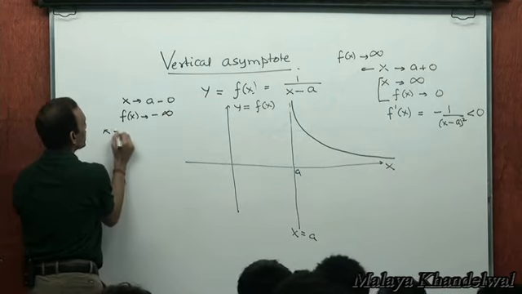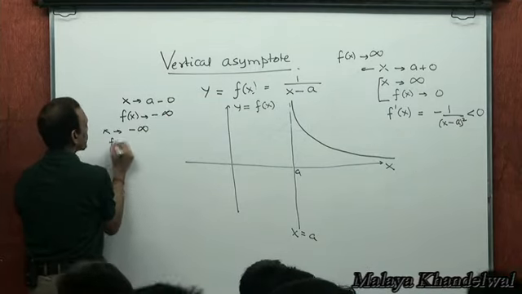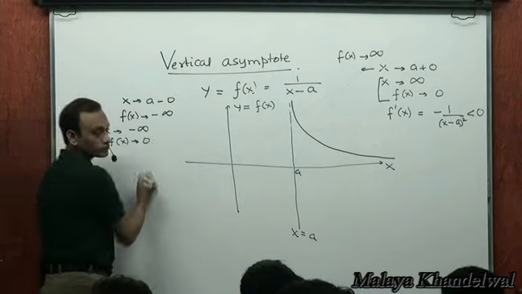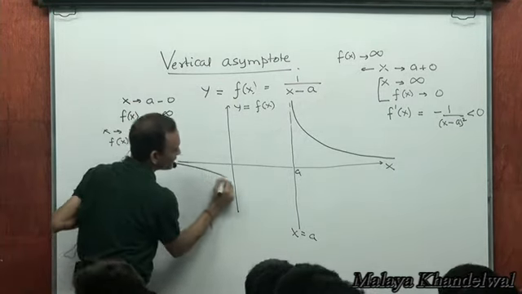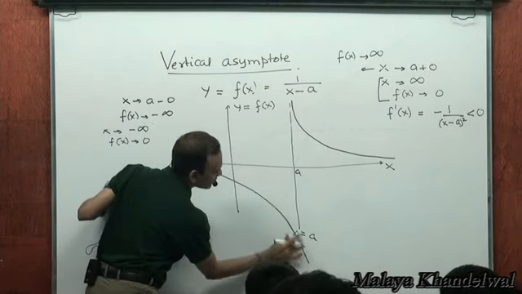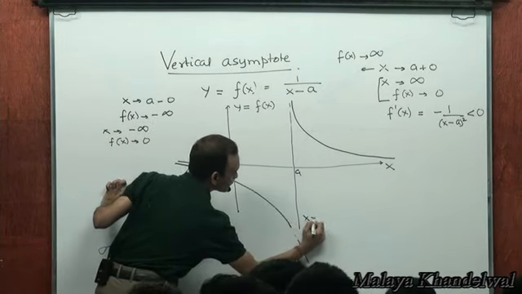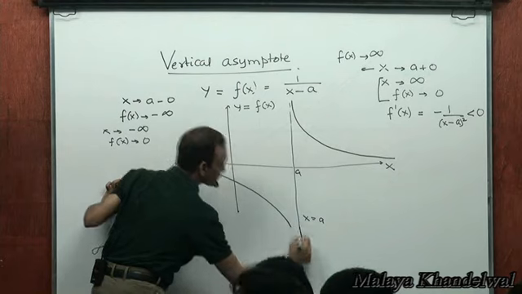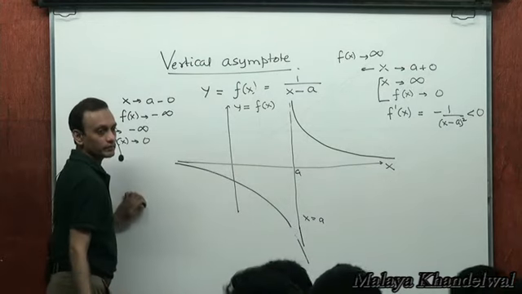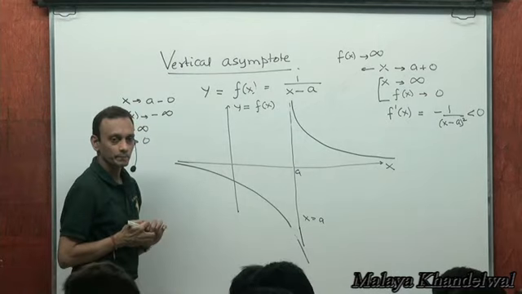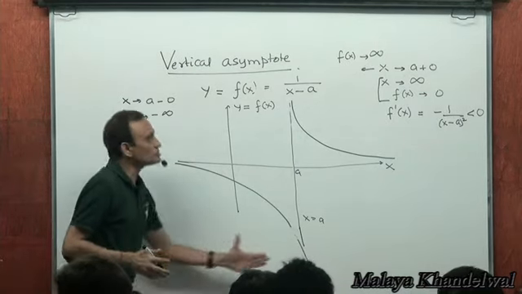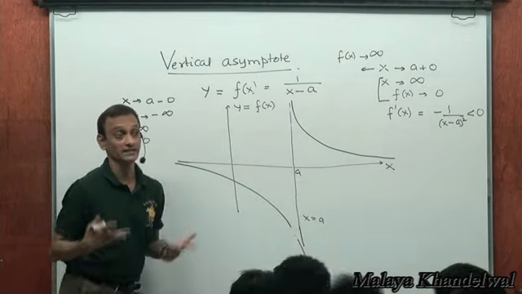And as x tends to minus infinity, f(x) would again tend to 0. So this is the notion of a vertical asymptote.